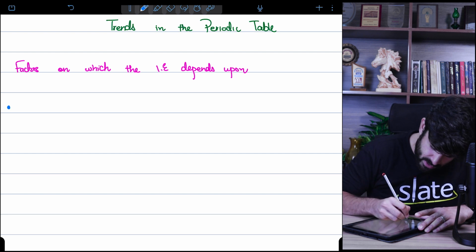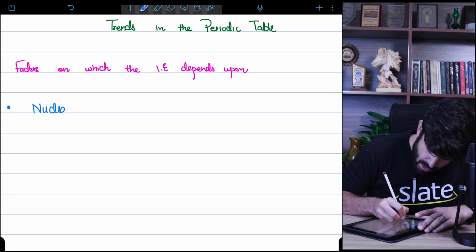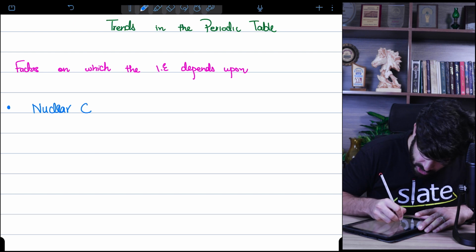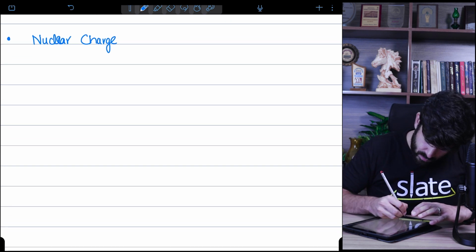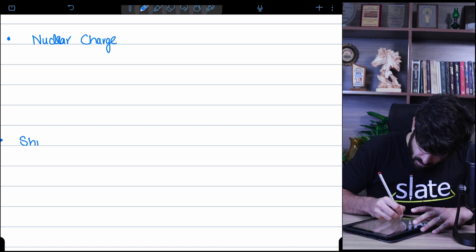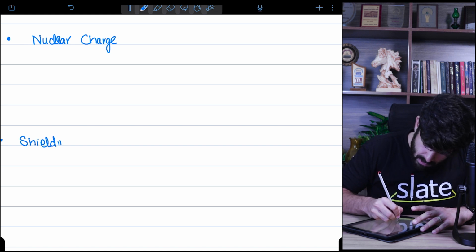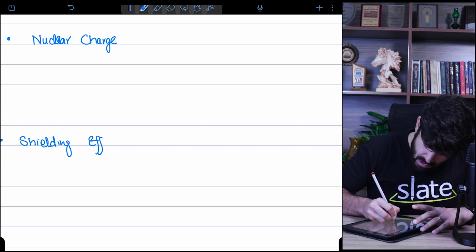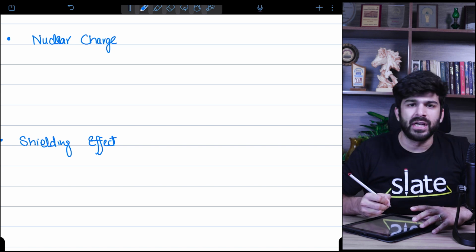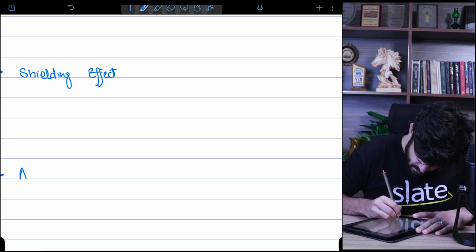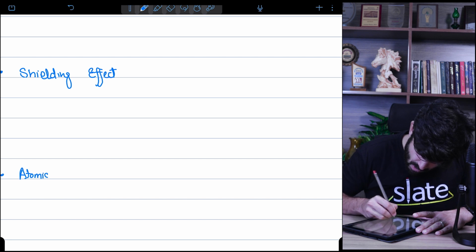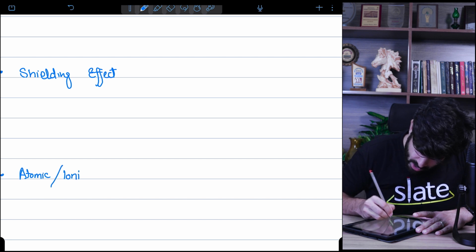Number one, nuclear charge. Number two, shielding effect. And number three, atomic or ionic radius.